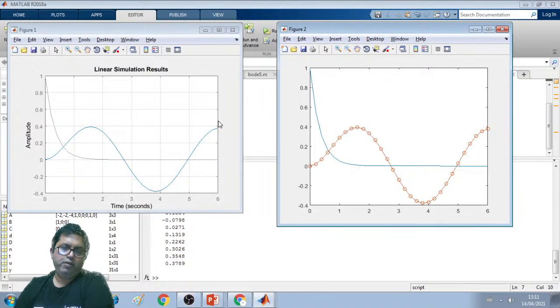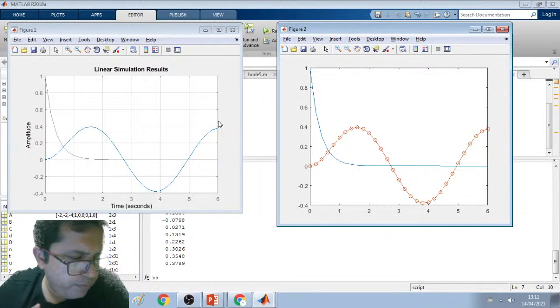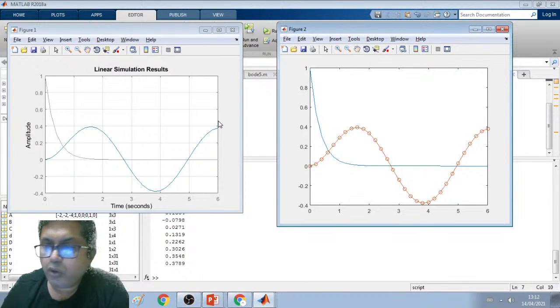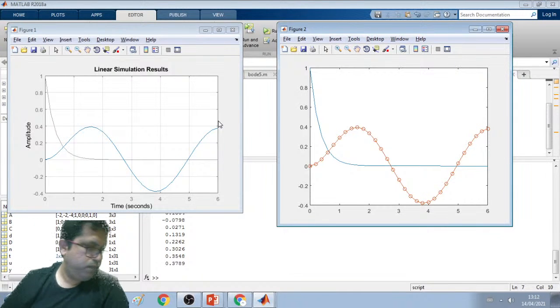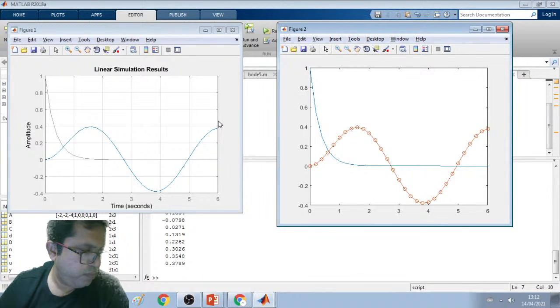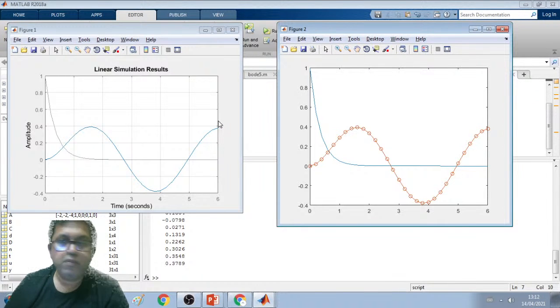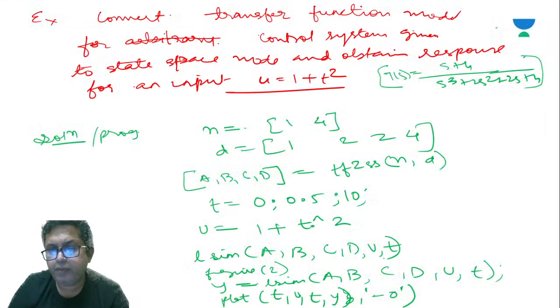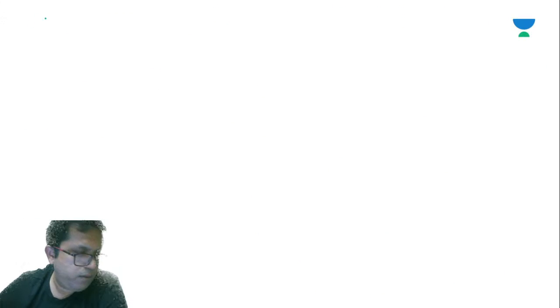So you can see the plot. Okay, so this is how you obtain plots using state space.